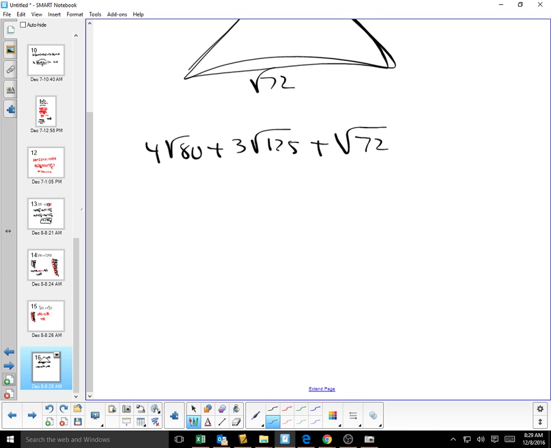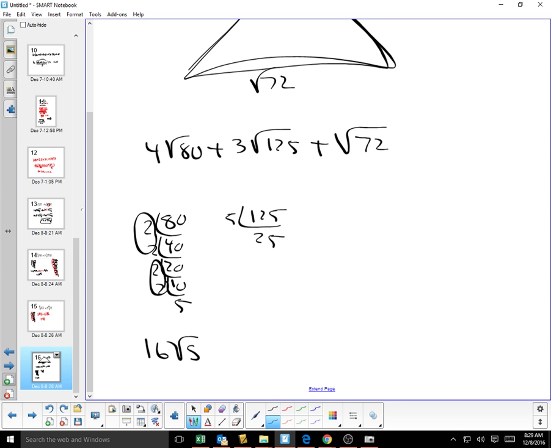So let's see here. For 80, 2 40, 2 20, 2 10s, 2 5. So I've got a set of 2s. That gives me 4, right? So 4 times the 4 is going to be 16. And then what's left behind is the 5. And then here, that's the 125, 5, 25, 5, 5. So I have one set of 5. So 5 times 3 is the 15.